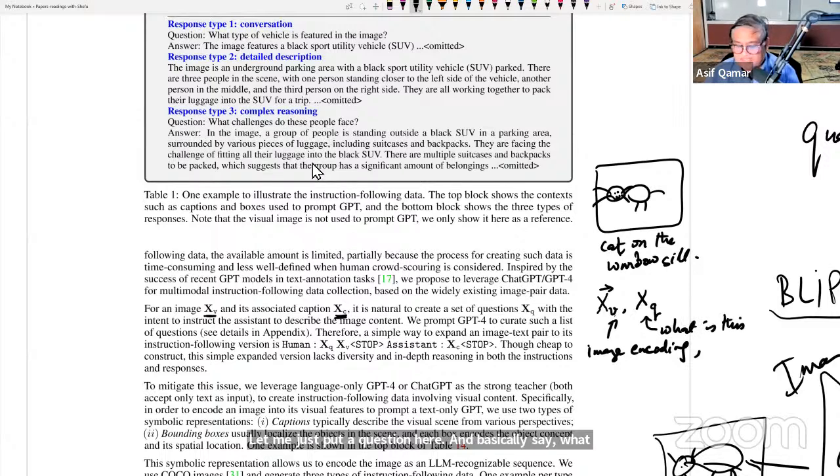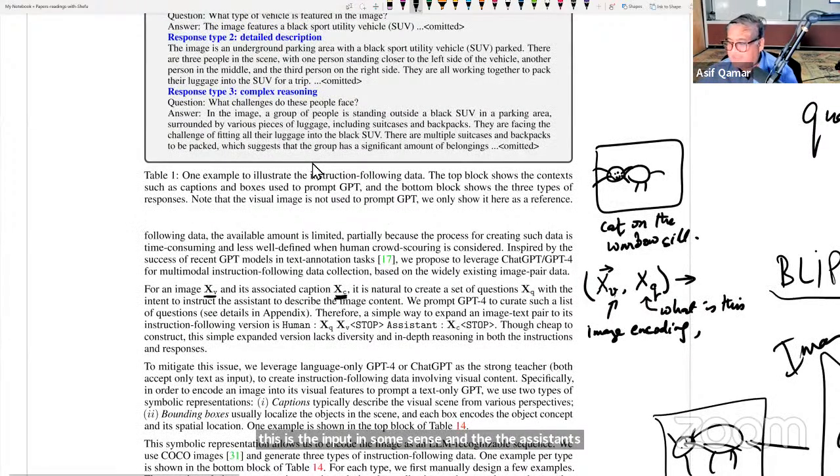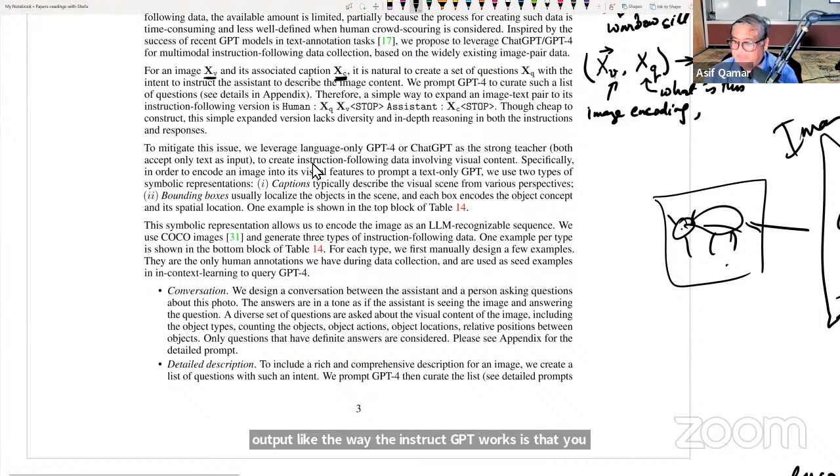And the answer that you expect to be produced, like this is the input in some sense, and the assistant's output. The way InstructGPT works is that you say, okay, a question or in context, X_V, let us say, and then here's a question.